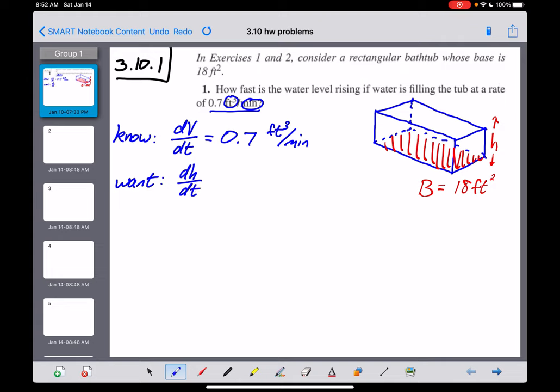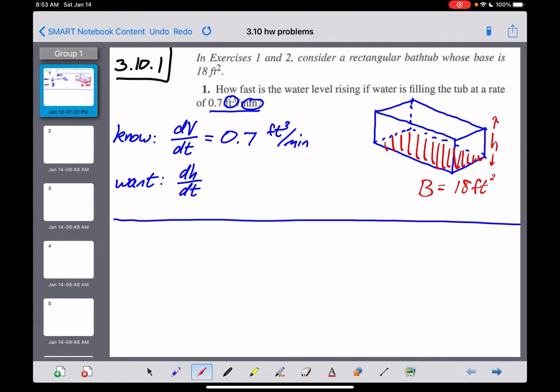And usually I have to write something at the end of this problem at the moment when maybe the height is equal to this number or time is equal to this number, but they didn't give us anything that specific in this problem. And that's a hint to us all here, guys, that it probably doesn't matter when we're measuring the rate of change of the height. It's probably going to be the same throughout the entire problem.